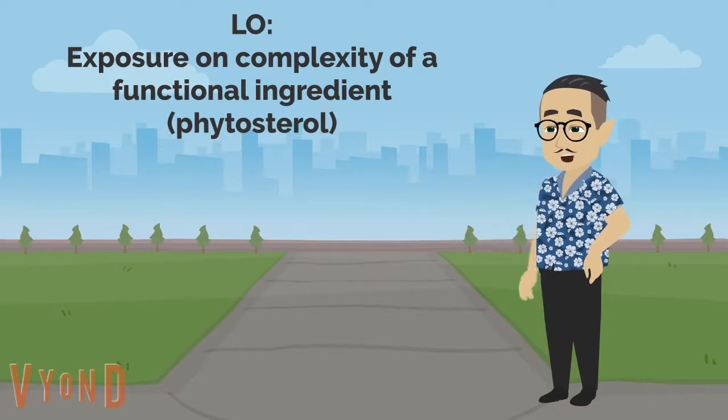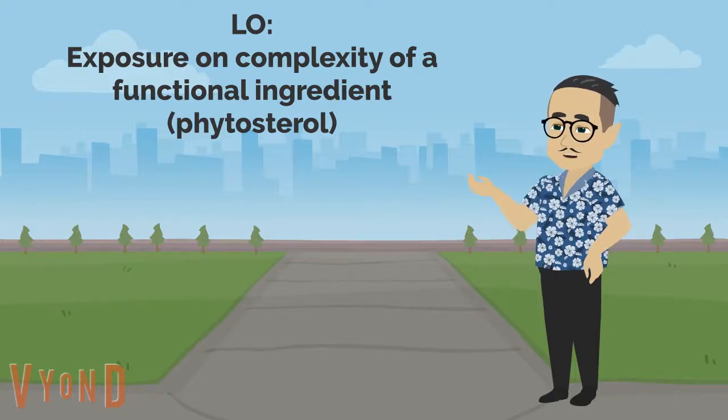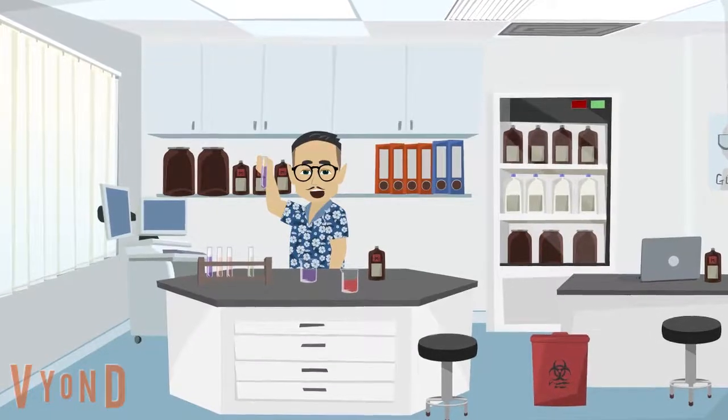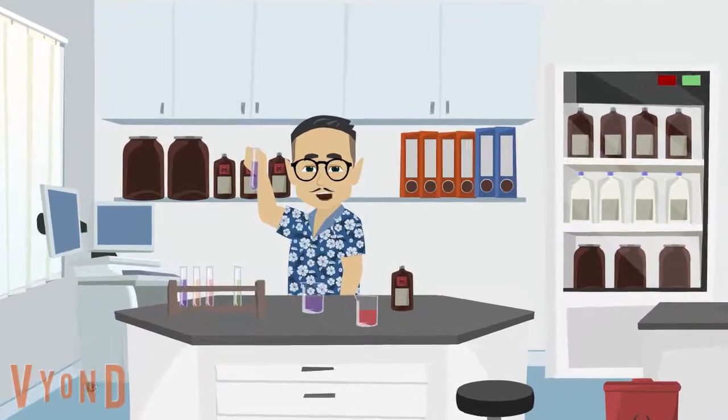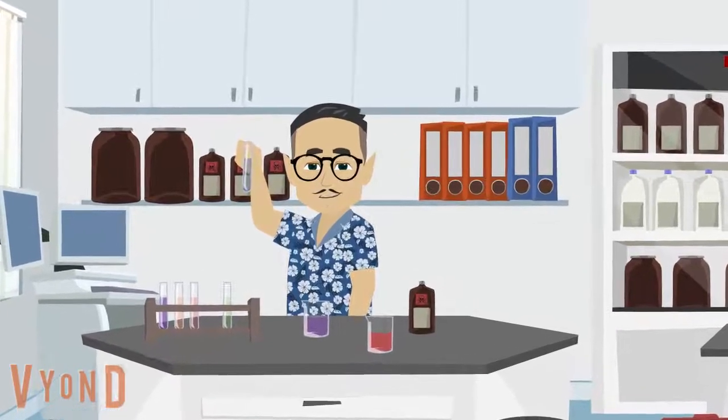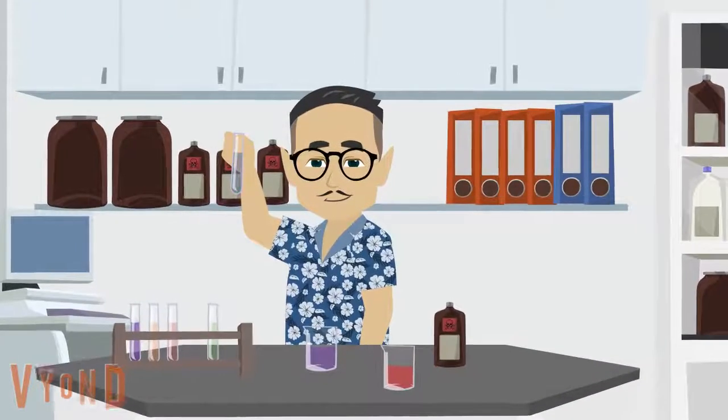And what do I mean by the complexity of an ingredient such as phytosterols? And finally, we're going to see examples of products that have been successfully formulated using phytosterols. You can expect a lot of chemistry in this class. You should be grateful for taking that food chemistry course.